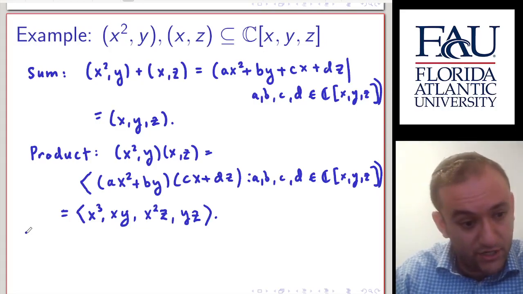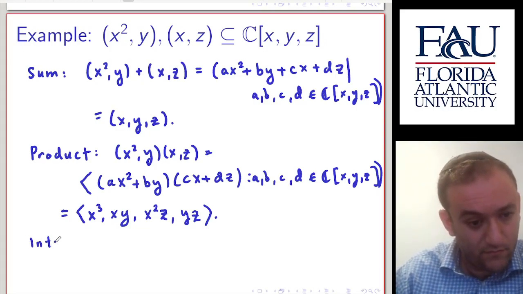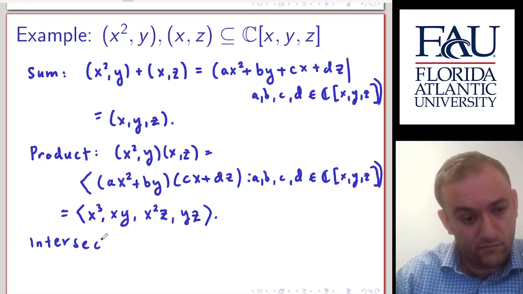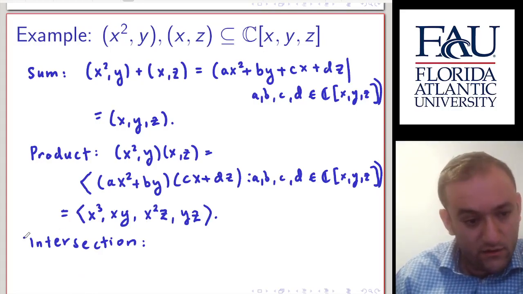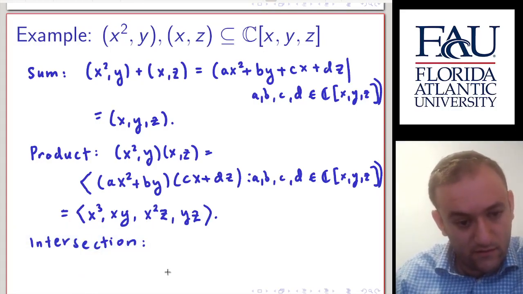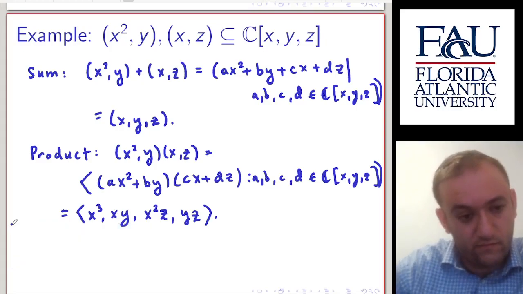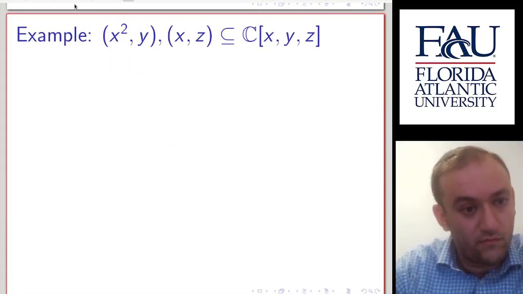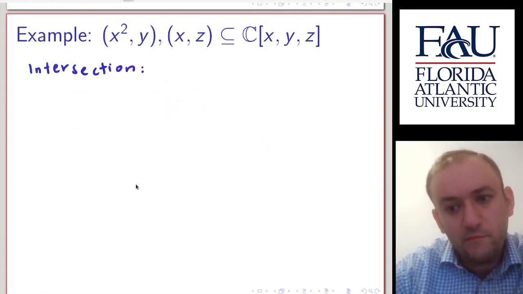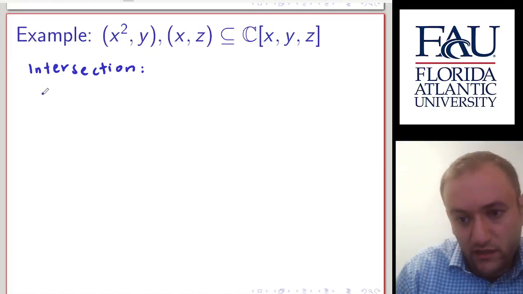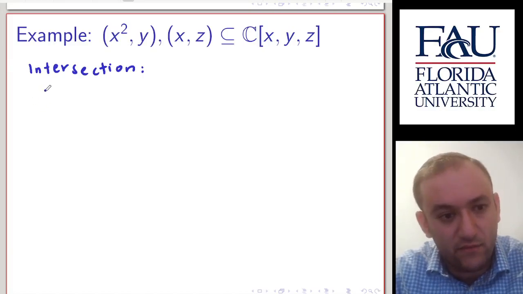Finally, the intersection. Okay, we're going to want polynomials that are in both x squared y and xz. You know what, let's do this on the next slide. Because we're looking at monomial ideals, it's enough to look at the set of monomials that would be contained in the intersection.